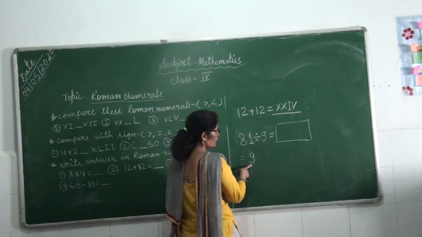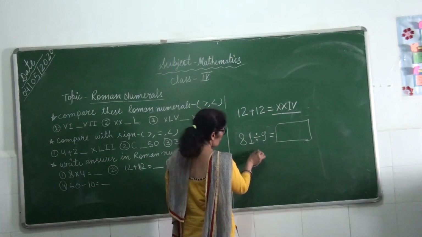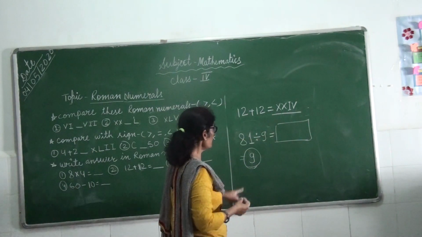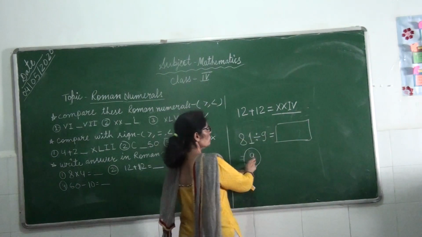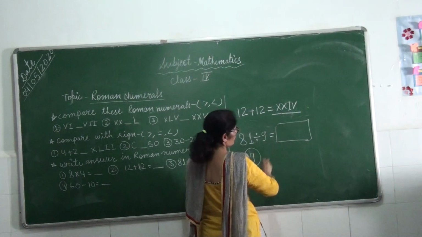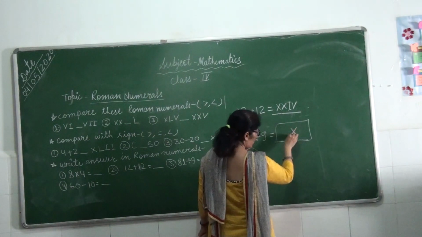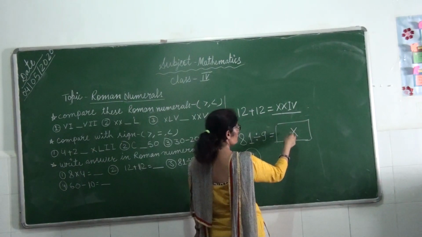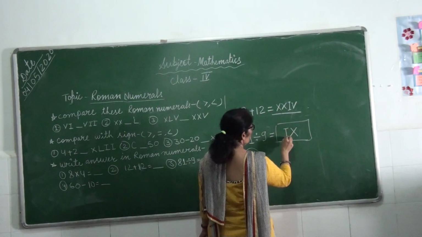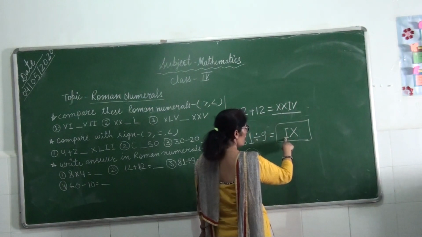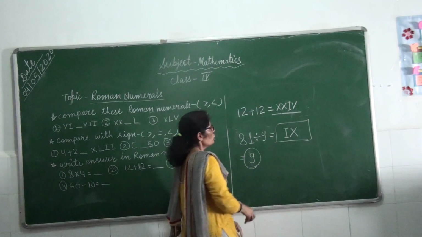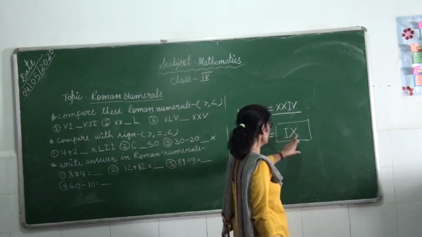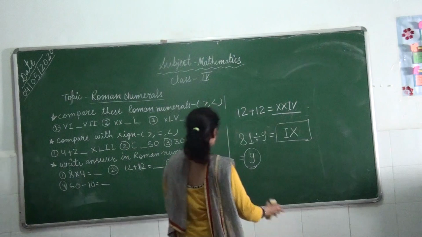Now this 9 we have to write in Roman numerals in the box. ये जो box बना है इस 9 को हमको Roman numerals में लिखना है. Then we take first X, 10, and we can subtract I from the right side of this number to make 9. हमको 9 बनाने के लिए X से right side I, 1 number को subtract करना है. So we will write the 9 like that. IX means 9 in Roman numerals.